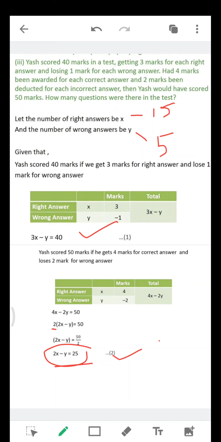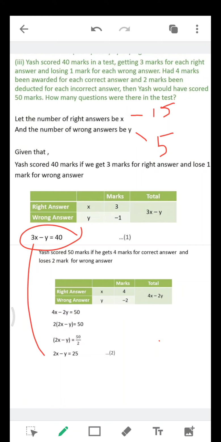If you want, you can verify it. Substitute in equation number 1: 15 questions correct and 5 wrong. 3x minus y is equal to 40. So 3 into 15 is 45 and minus 5 is 40.